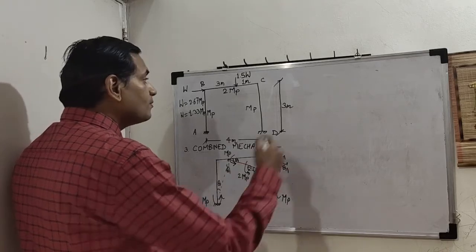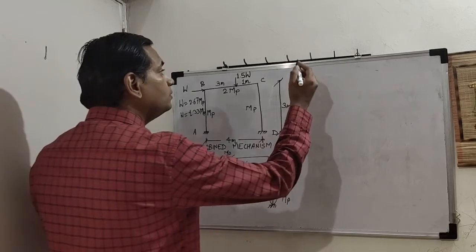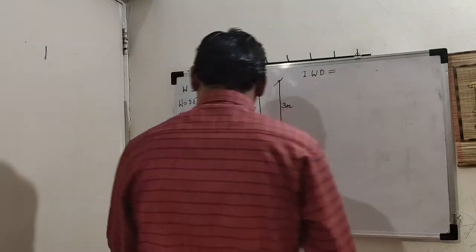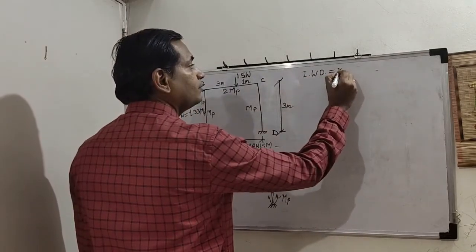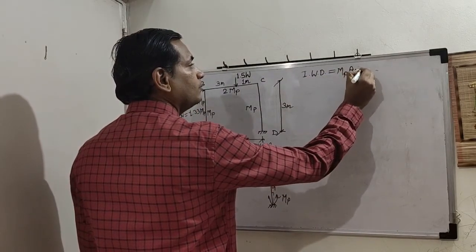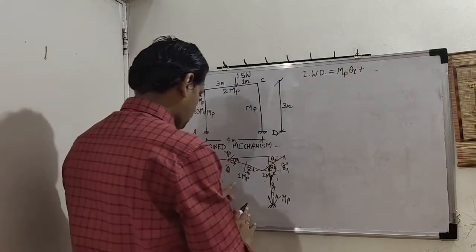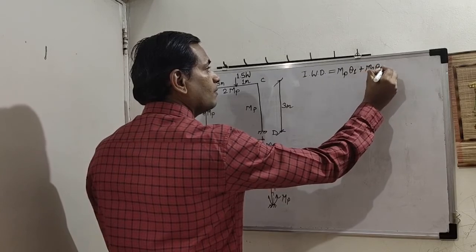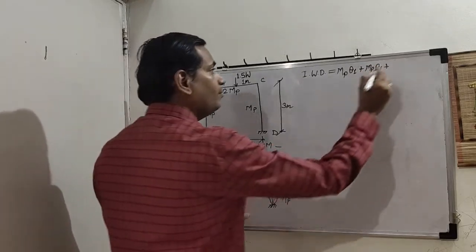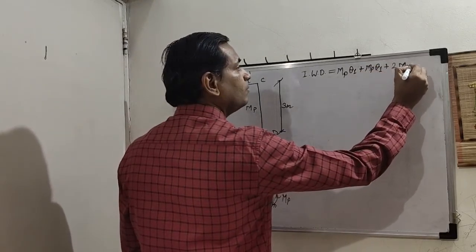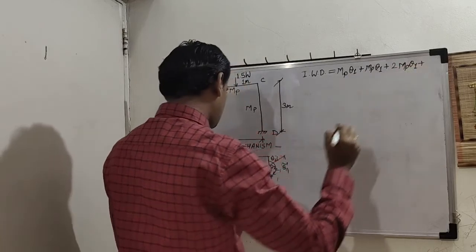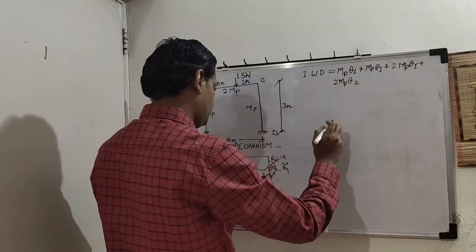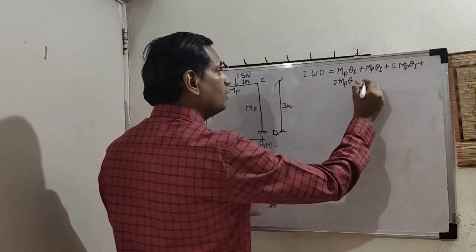Okay, so internal work done. So this is MP theta 1 plus MP theta 1 plus 2 MP theta 1 plus 2 MP theta 2 and plus MP theta 1.